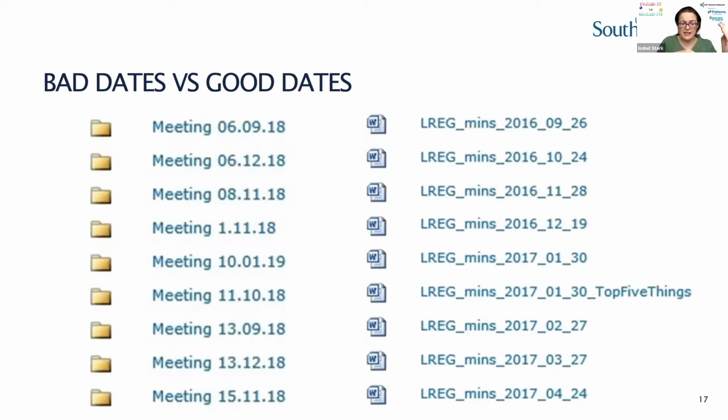As you can see, it's quite difficult to see how often they happen. It's difficult to work out the order of the meetings. On the right-hand side, it's quite clear to see, looking down this list, that it's a monthly meeting, happens usually towards the end of the month, and it's sitting there nicely month by month.